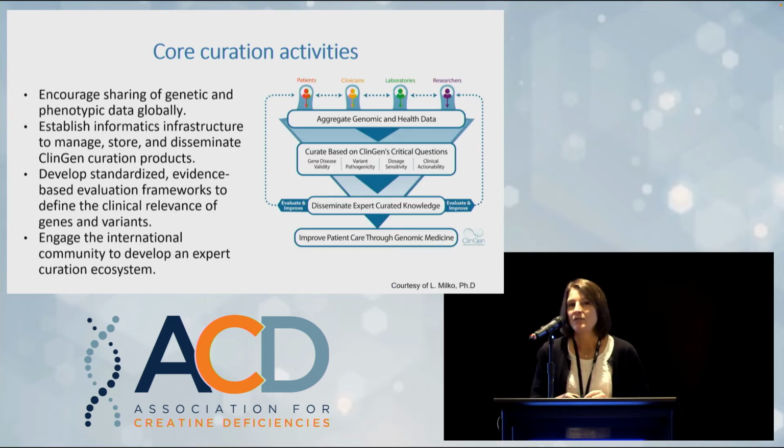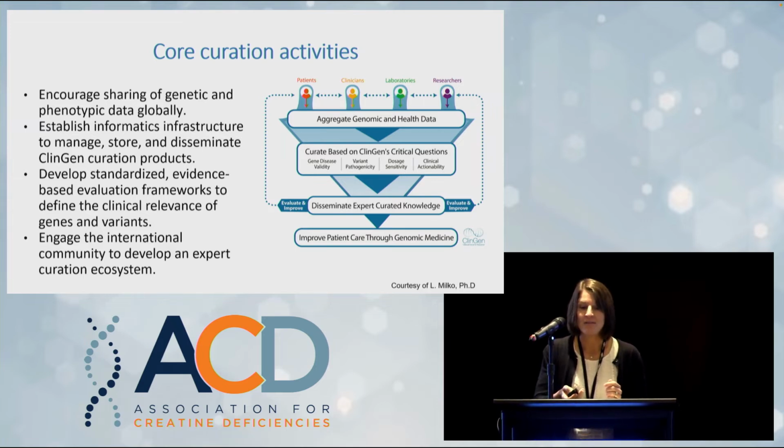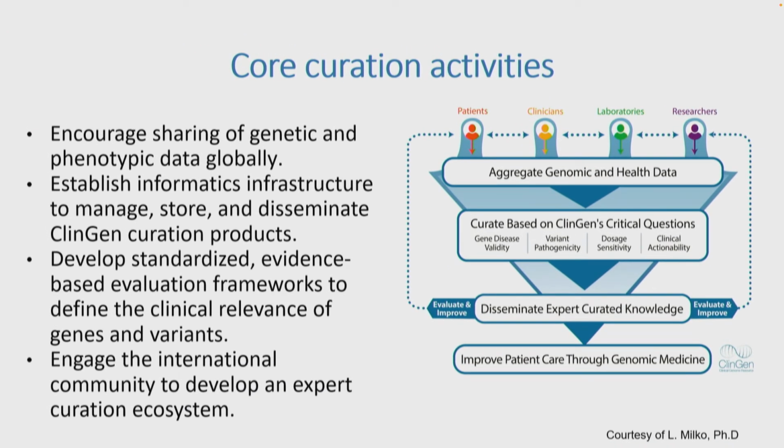So ClinGen is really a curation effort. So what that means is we're collecting data from different sources. So for example, published research articles in scientific journals, also data from labs, public databases, and so on. But one of our core curation activities is variant pathogenicity, or again, determining which variants in a particular gene are causing disease.